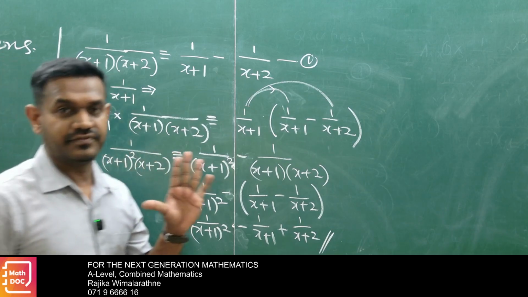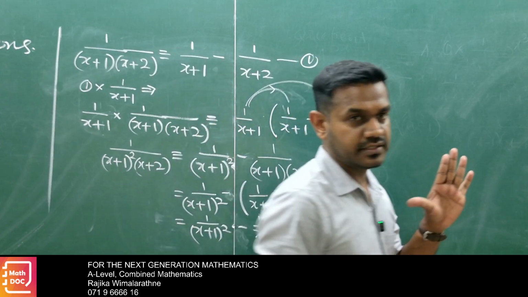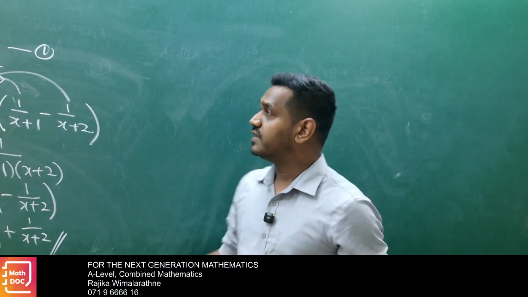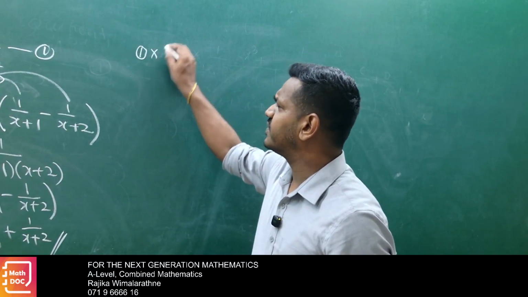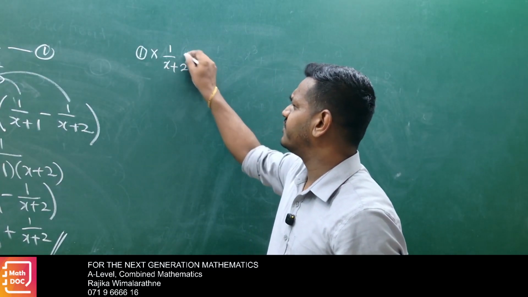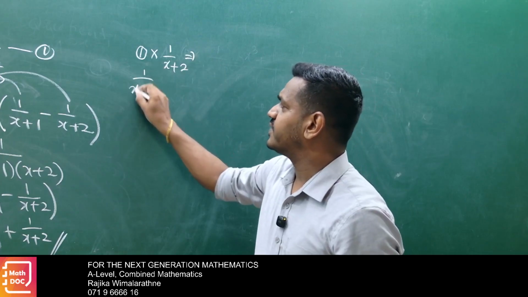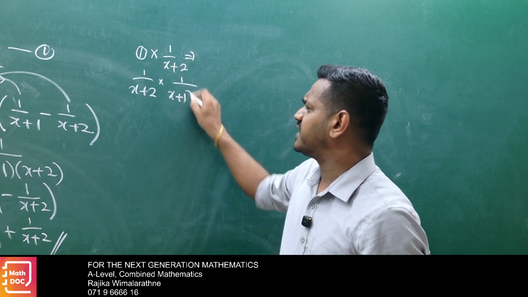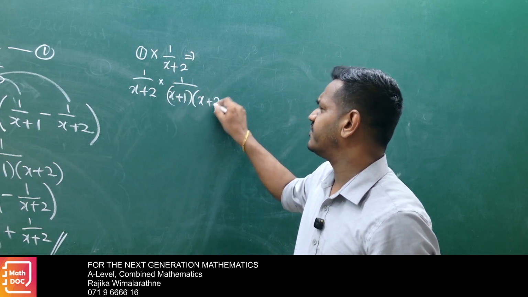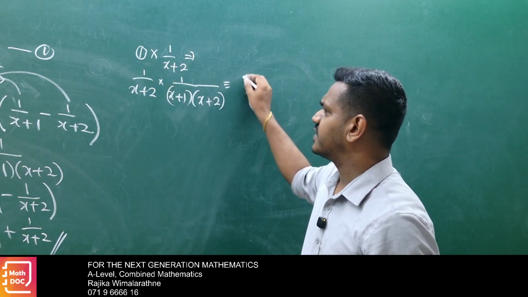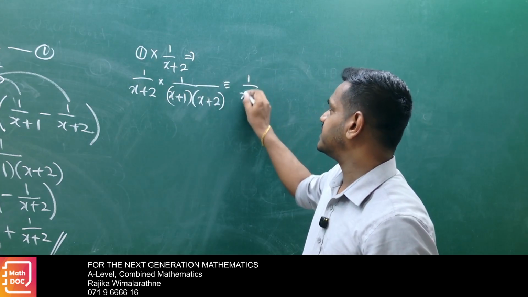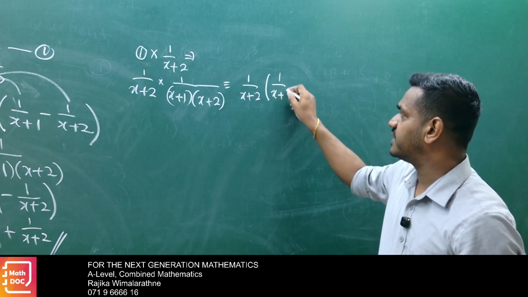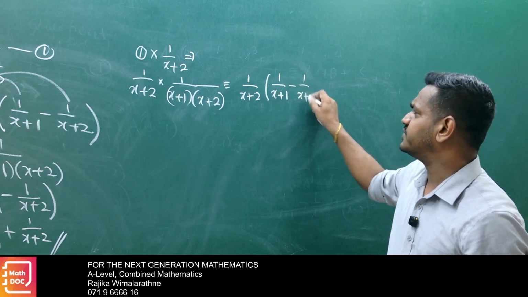Okay, then second one, you can use same technique. Then 1 into 1 over x plus 2, 1 over x plus 2 times 1 over (x plus 1)(x plus 2). Then 1 over x plus 2 times, instead of this part we know partial fractions, 1 over x plus 1 minus 1 over x plus 2.